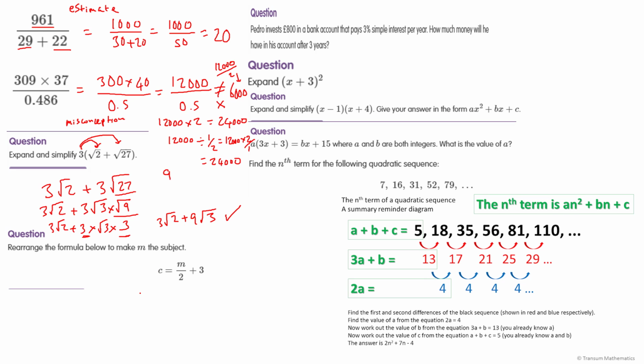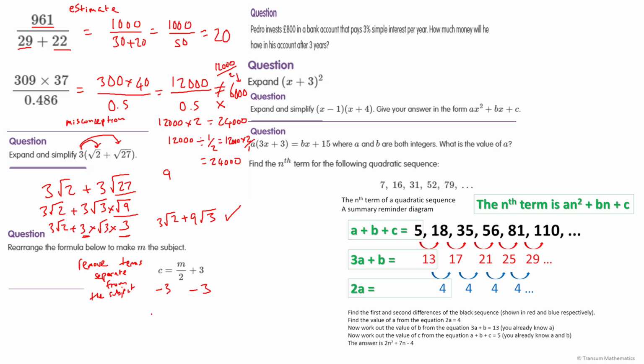Changing the subject. So I know what you guys all did. You multiplied by 2, but always remove the terms. Remove terms for these questions that are separate from the subject. So that means we do the inverse of 3 because we're making m the subject, so we minus 3 on both sides.